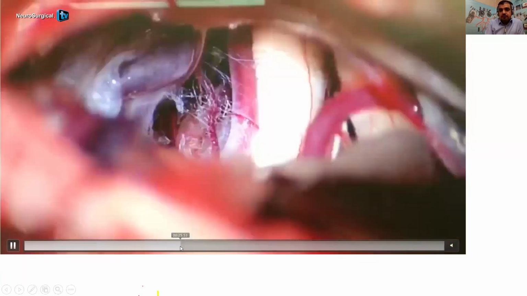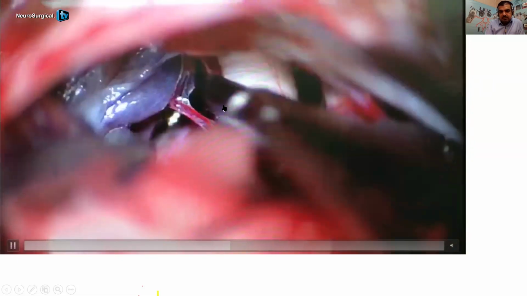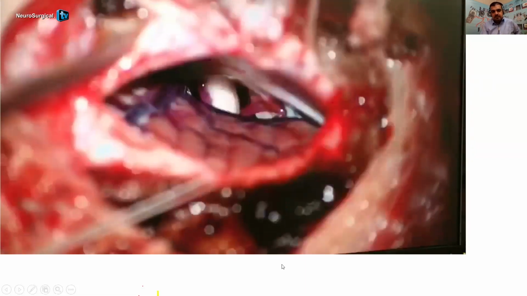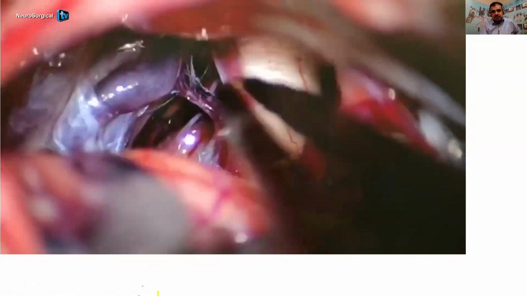So this is an intraoperative demonstration of the same case with the illustration we already showed. This is the trigeminal. There is an artery just pushing the trigeminal, which is the superior cerebellar. You will see how to dissect this artery. It's a retractorless surgery.